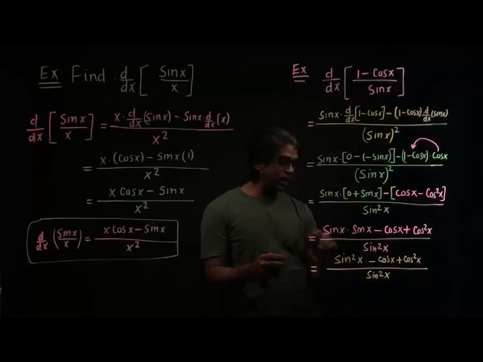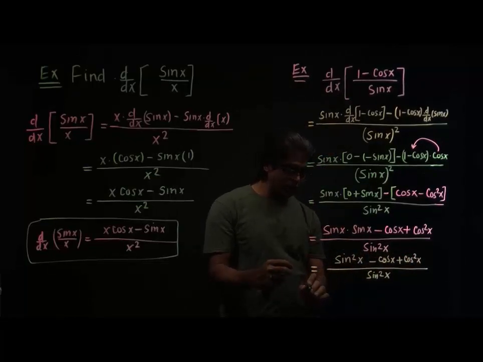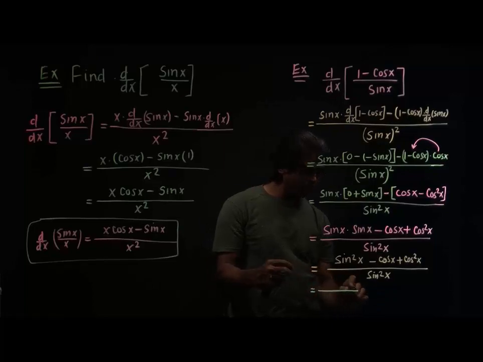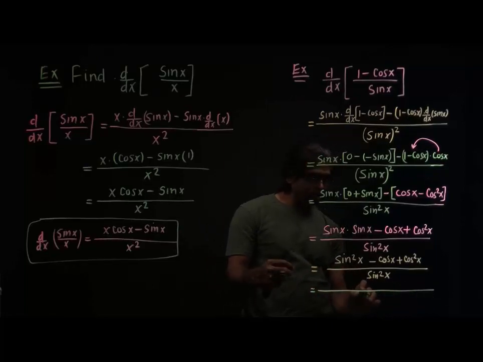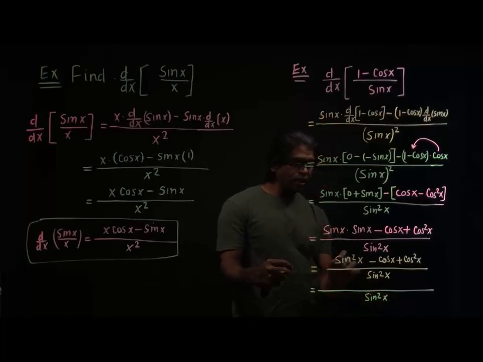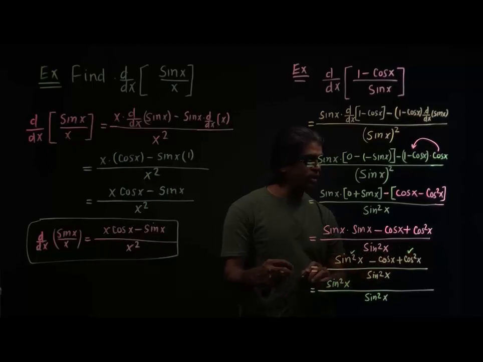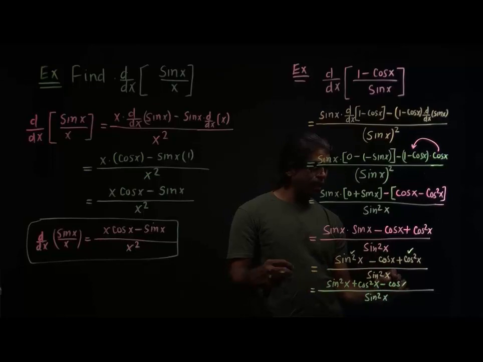I'm going to rearrange, and I will write sine squared x at the denominator, and at the numerator I have sine squared x and cosine squared x together, so sine squared x plus cosine squared x, minus this cosine x.